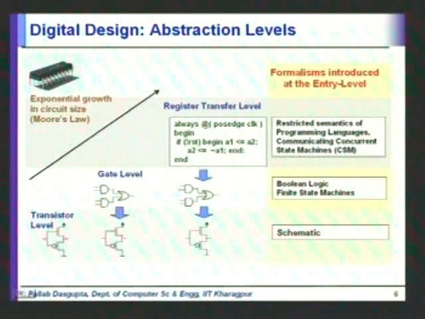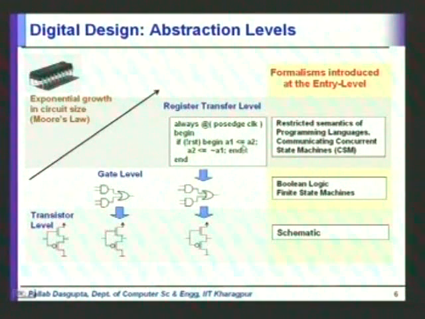So the formalism there is not just one finite state machine, but a set of communicating concurrent finite state machines, right? And the language support is much higher in terms of the level of abstraction as compared to Boolean logic or finite state machines. Now today even this is going to be very large.